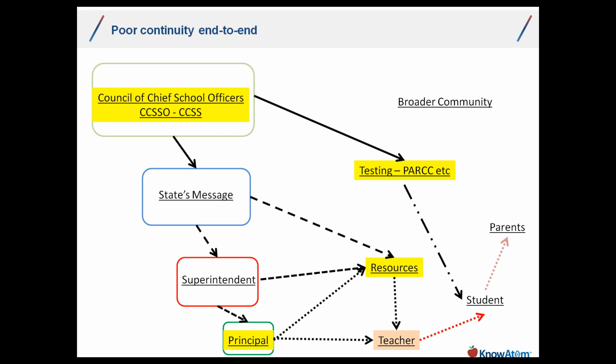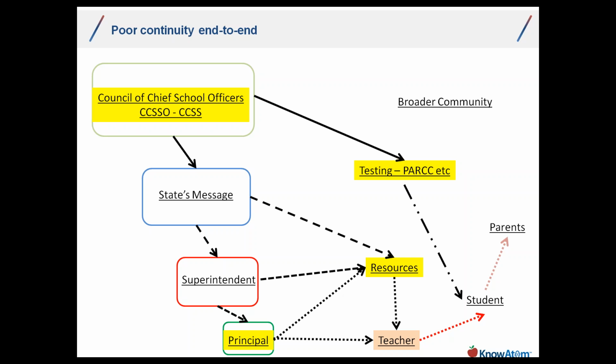What tends to happen now, and we've seen this play out with PARCC and Smarter Balanced, other assessments that have emerged around Common Core, is that the test providers have a vision or a mode of testing which is supposed to align directly with the standards, and what's happening in the classroom may or may not reflect that, because it's a function of the state's message, the superintendent's message, the principal's message, and also really the local level decision making in terms of what resources are purchased.